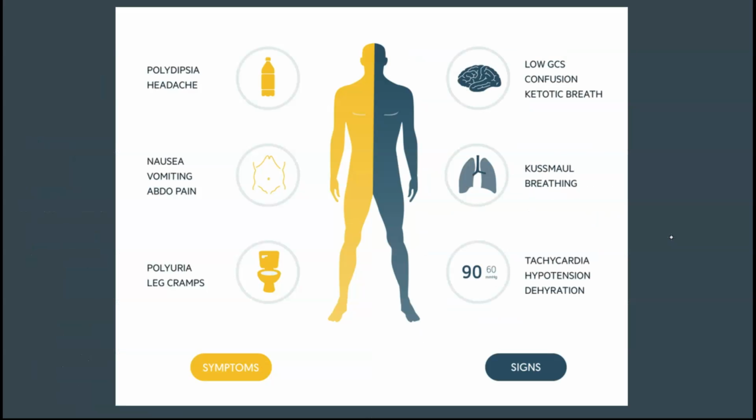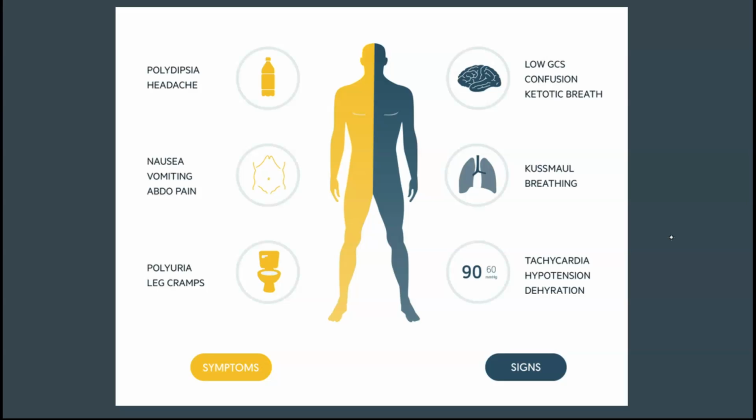A lot of the signs and symptoms leading up to DKA are polydipsia, polyuria, polyphagia, right? Because on a cellular level, the patient's starving and is becoming severely dehydrated. So as the acidosis and the starvation become worse, the body is trying to dilute the blood sugar, right?